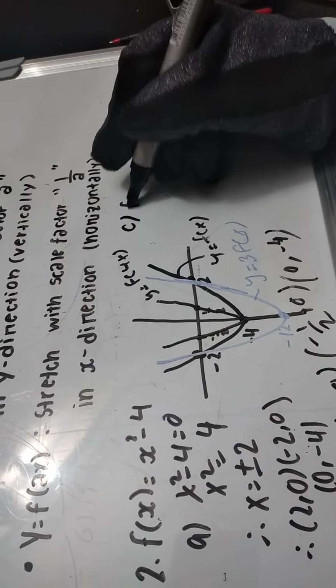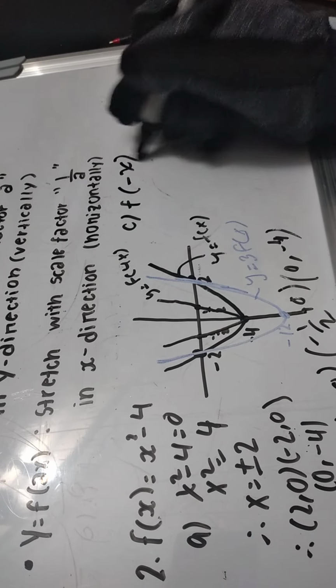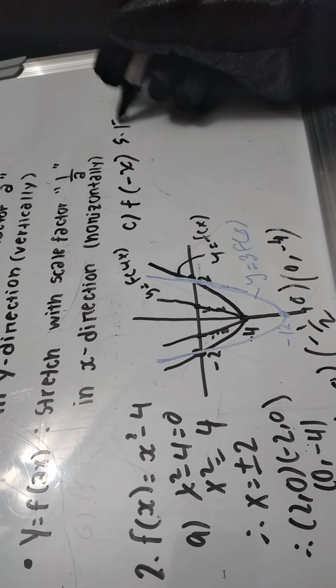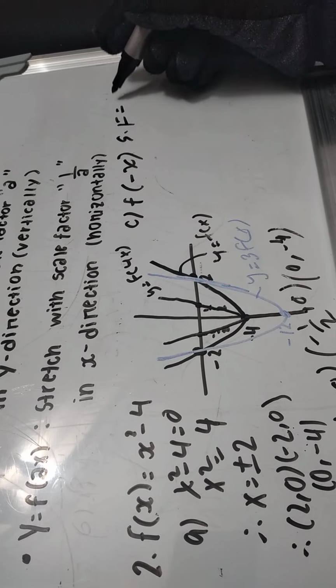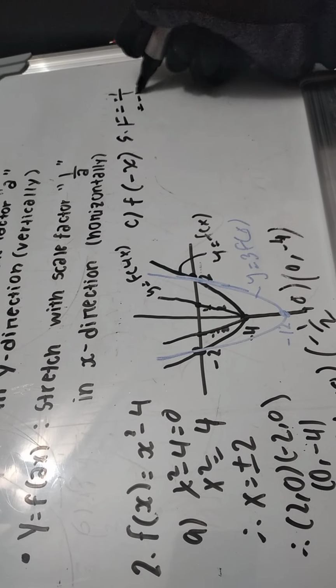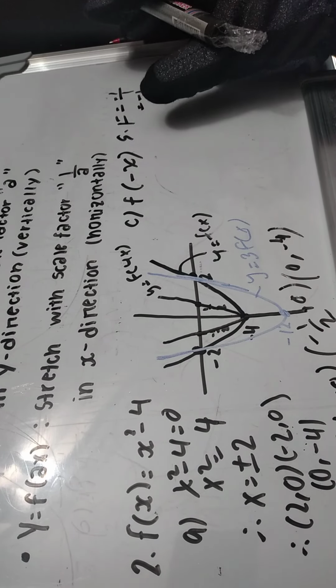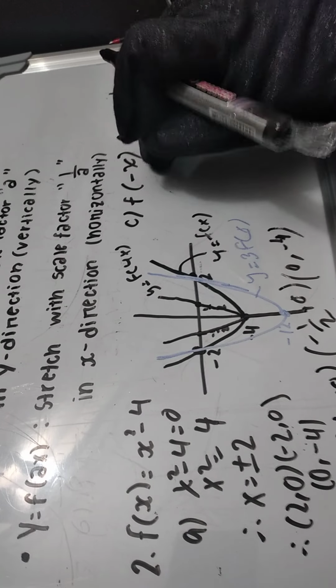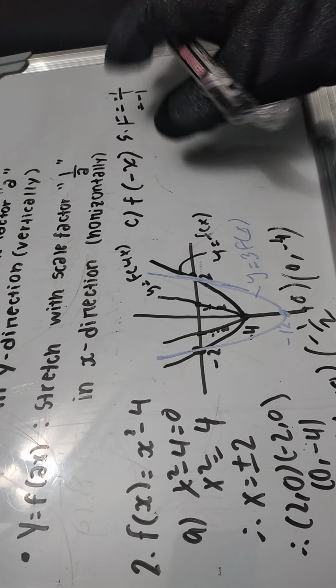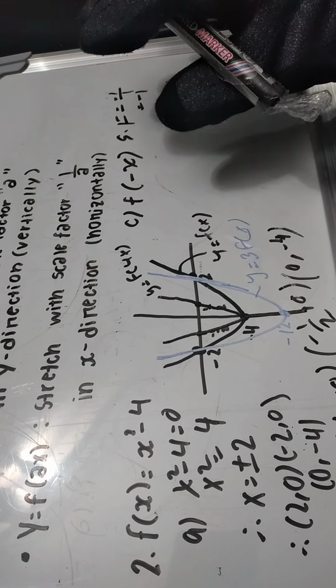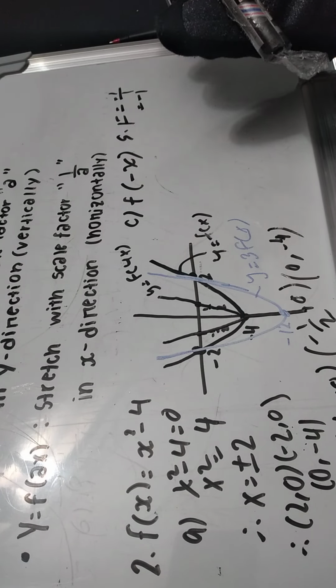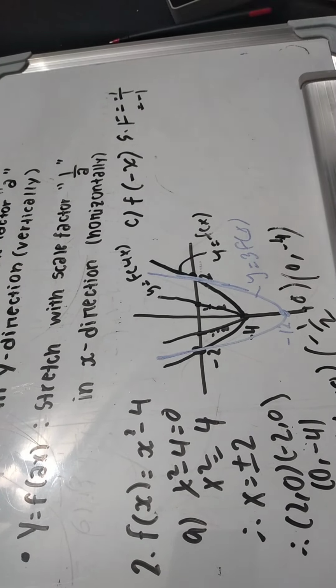Part D tells us to do f(-x), so the scale factor will be minus 1 by 1, which is minus 1 eventually, and as it is with x inside the bracket, it will move horizontally, so x coordinates will change but y coordinates will remain the same.